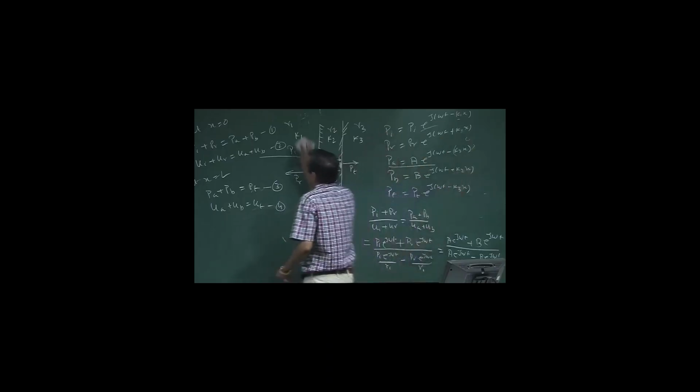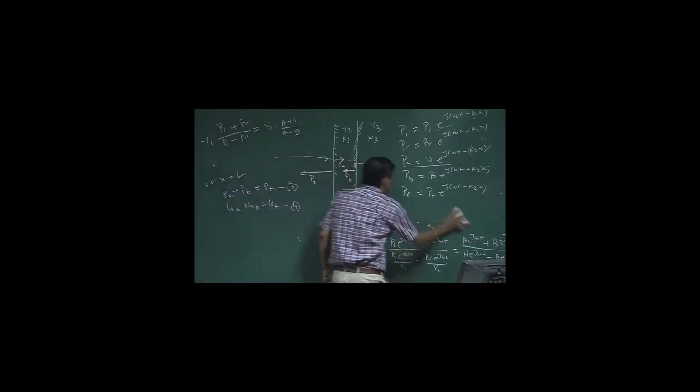Since u is equal to p by r, from this equation I will get: (Pi plus Pr) divided by (Pi minus Pr), into r1, is equal to r2 into (A plus B) divided by (A minus B), after the e to the power j omega t cancels out.